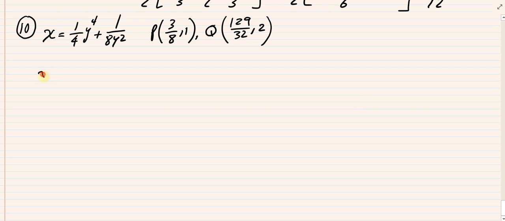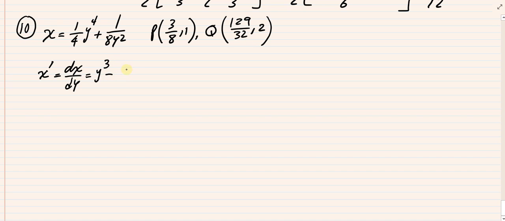Okay, so let's do x prime. Now remember, x prime here is dx/dy, correct? That's what that is. The variable of differentiation is y. We're taking the derivative with respect to y. So the derivative of 1/4 y to the 4th is going to be 4y cubed, and 4 times 1/4 is 1, so that's just y cubed.